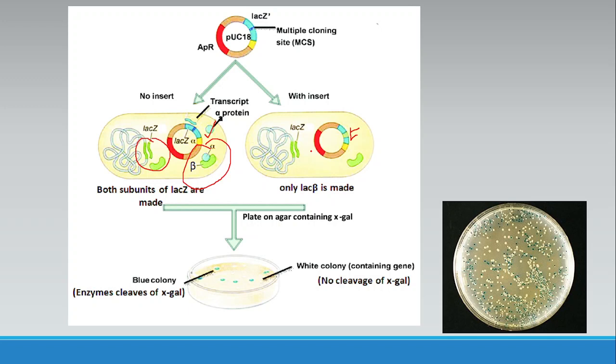They do not give a blue color. So now you can differentiate them on the medium itself. As you can see, I've given you the picture of a microbial culture plate, which shows the differentiation between the blue colored and the white colored colonies. The blue colored colonies are non-recombinants, whereas the white colored colonies are recombinants.